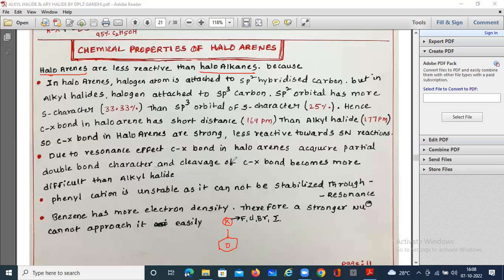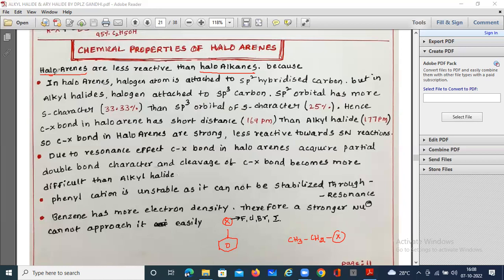And what about this? Haloalkanes, like CH3CH2X.